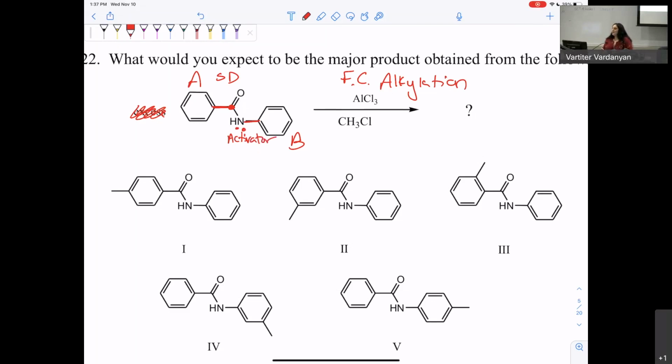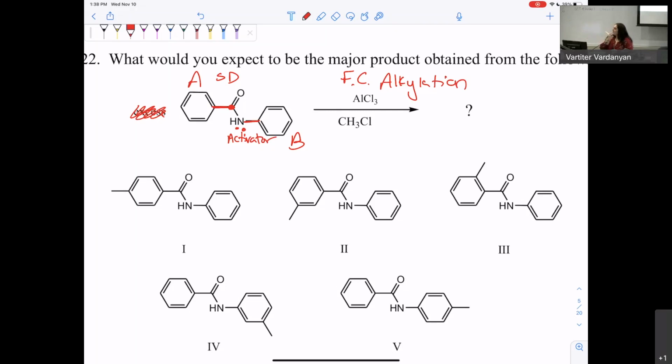So I know a lot of people will be like, but that's literally the same functional group. Yes, it is, but the two rings are attached to the two opposite ends of it, and esters and amides, depending on which end you're attached to, can be either activators or deactivators. So what I've done so far, is that sort of okay? All right.